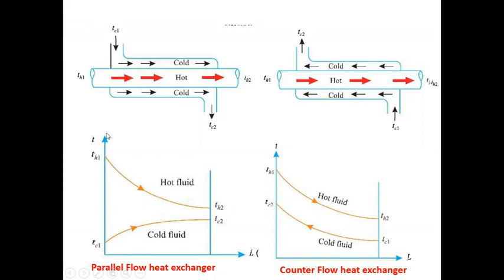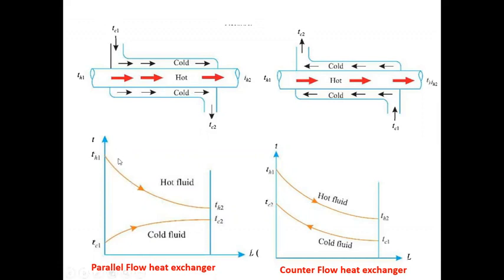Let us see the temperature variation of this fluid along the length of the heat exchanger. For that, let us plot the temperature variation of the fluid on the y-axis and length of the heat exchanger on the x-axis.